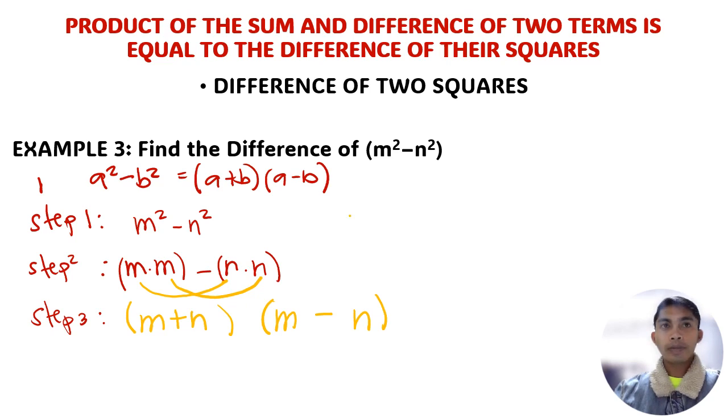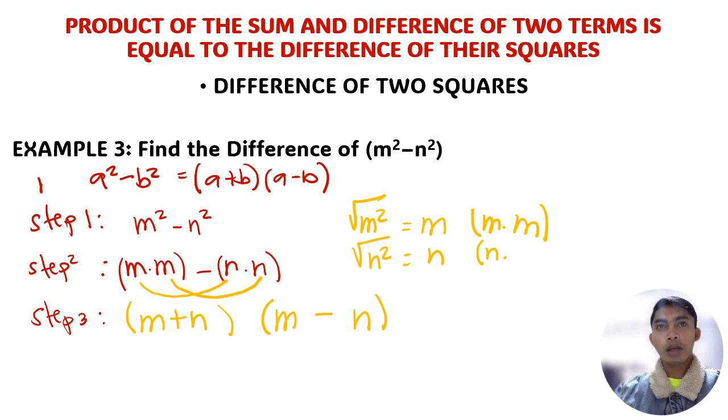Directly, the square root of m squared, remember, is equal to m, which means we multiply m by itself to get m squared. The square root of n squared is n, which means we multiply n by itself, n times n.